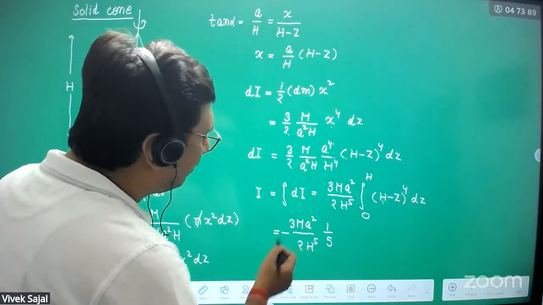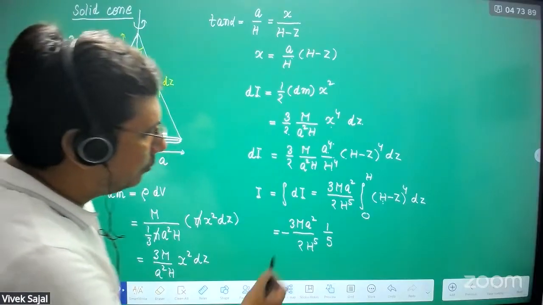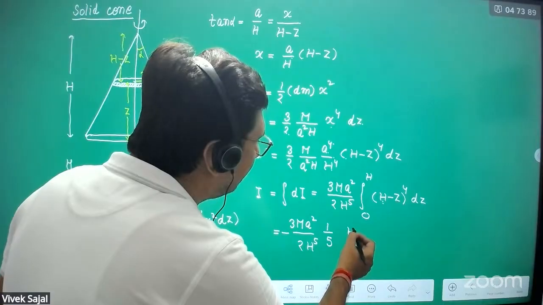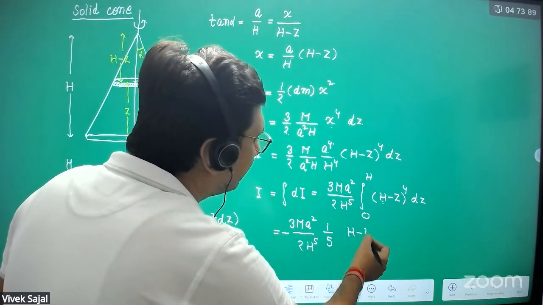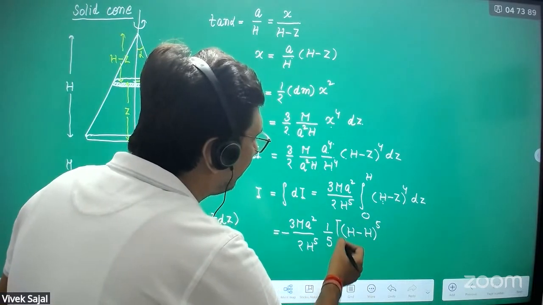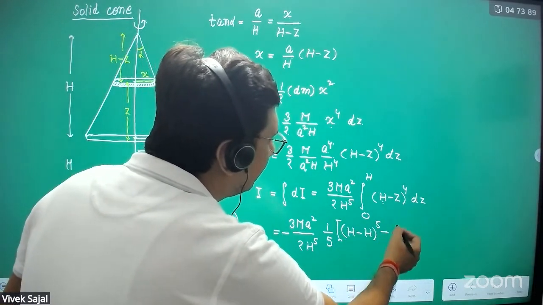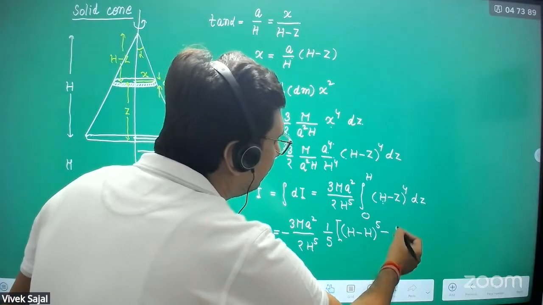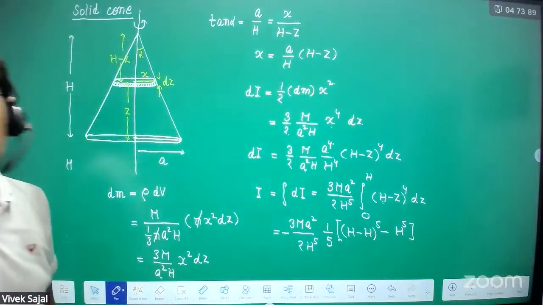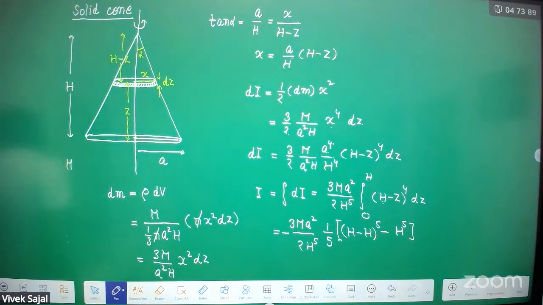So you are going to divide it by minus 1. So minus will be here. And it will be h minus 0, h minus h to the power 5. Upper limit minus this will be h minus 0. So this will be h to the power 5 here.